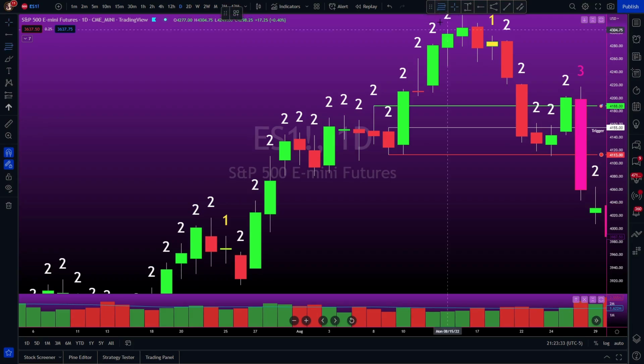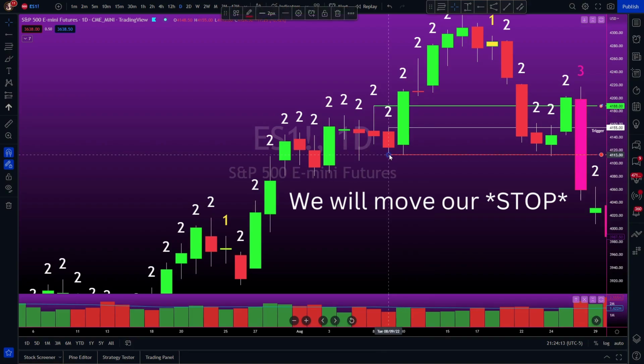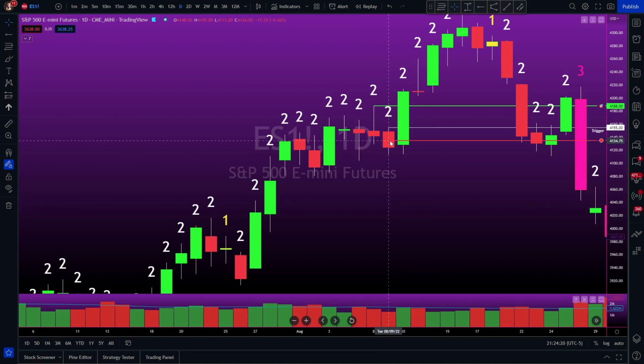So you get your fib tool, you have the 0, the 1, and the 0.5 marked. So we know that the 50% mark of this candle, the closed candle, because we're pretending this is a live candle, is 41.34. We will move our stop to slightly under the 50% level.